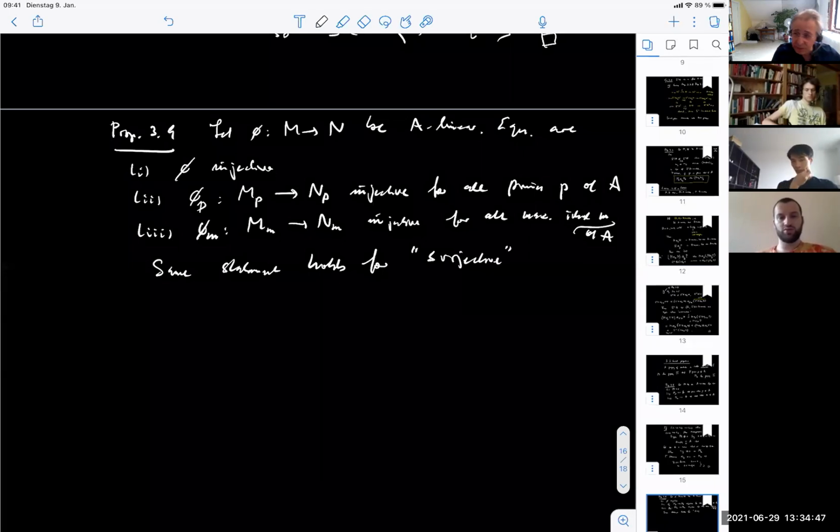So injective, surjective, these are local properties. Isomorphic also will be a local property.